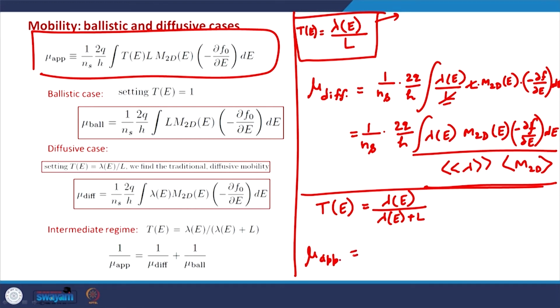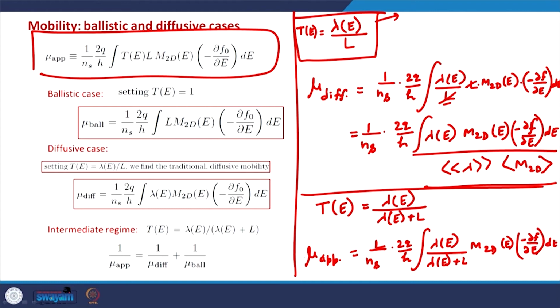So, it will be essentially 1 by ns 2q by h lambda E divided by lambda E plus L, L comes outside, m2 dE minus del f by del E times dE.